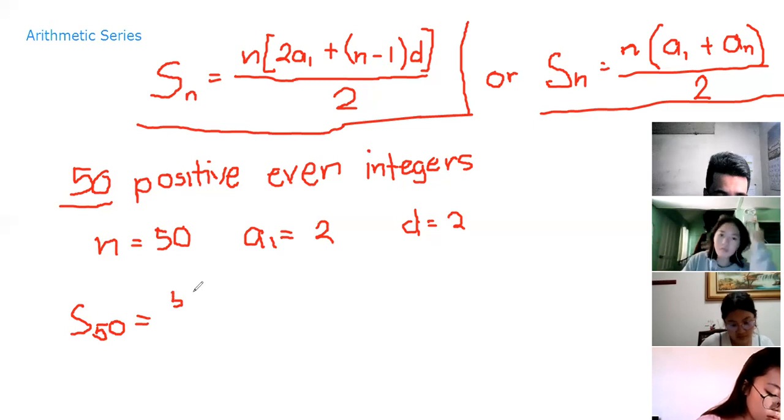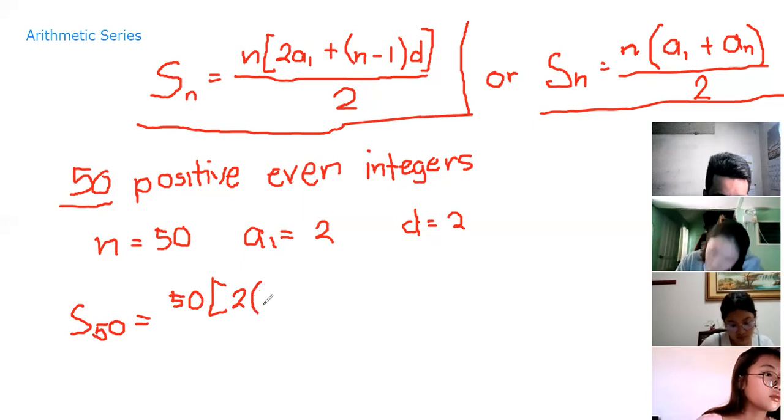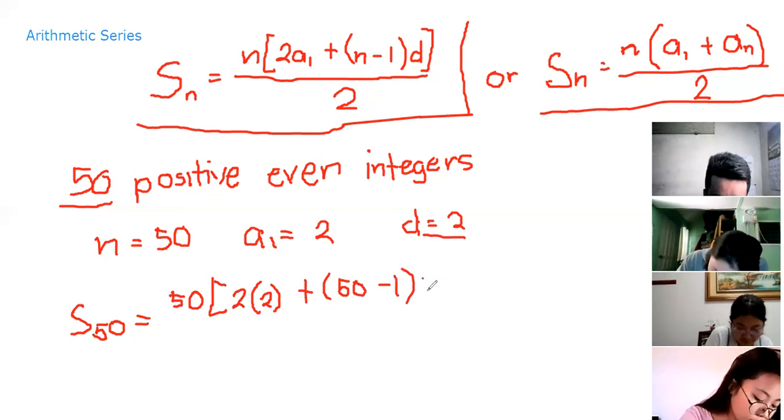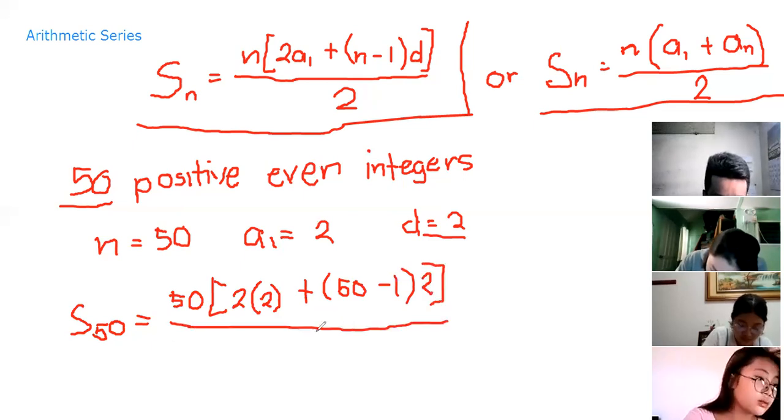What is the value of n natin? 50. Then, multiply natin to 2 times, what is a sub 1 natin? 2 also. Plus, what is the n? 50 minus 1 times d, which our d is 2, over 2. Okay? So, computing natin to.